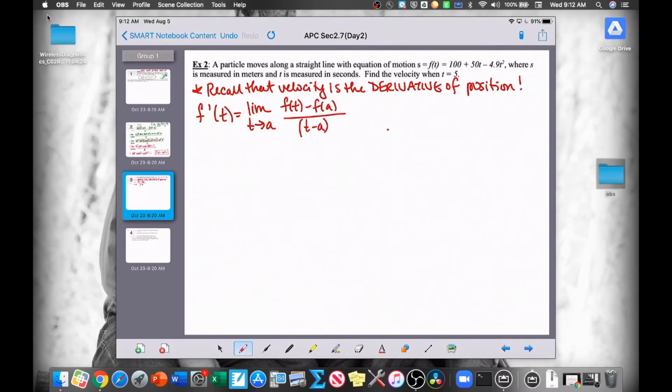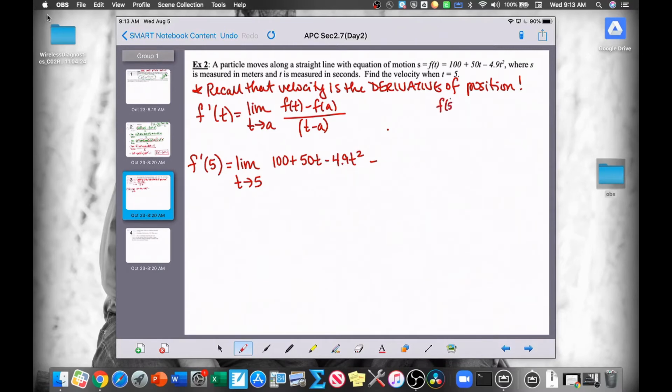All right, so specifically for this problem, we are trying to find f prime of 5. And f prime of 5 is going to be equal to the limit as t approaches 5 of f of t, so that's just our function, which is 100 plus 50t minus 4.9 t squared, minus f of a, which is f of 5.